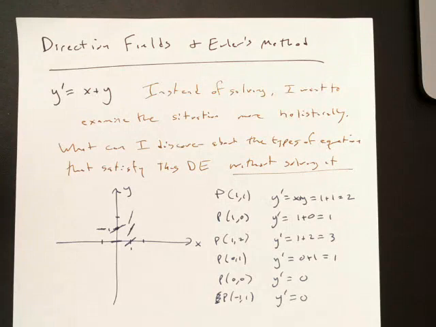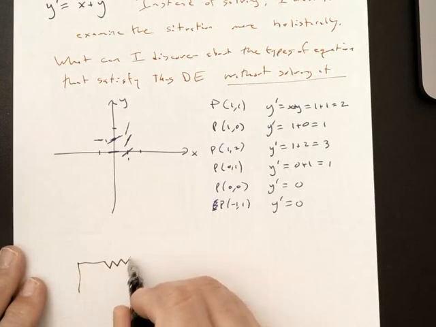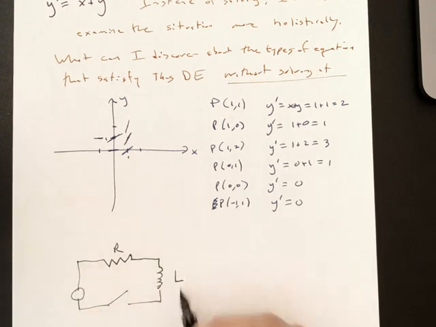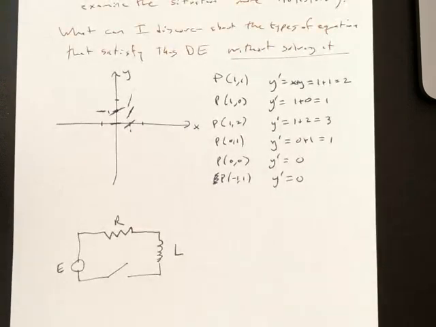I'm going to steal a problem from physics lab. This is a lamp with an electric source, E, a battery, a plug, whatever it is, a resistor, R, and a load, L, the lamp.